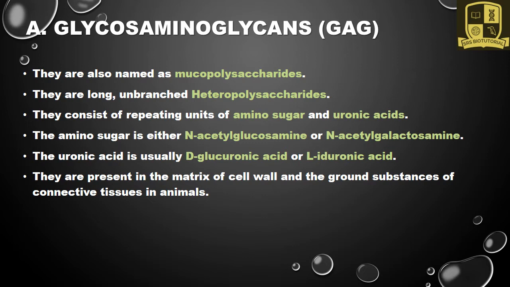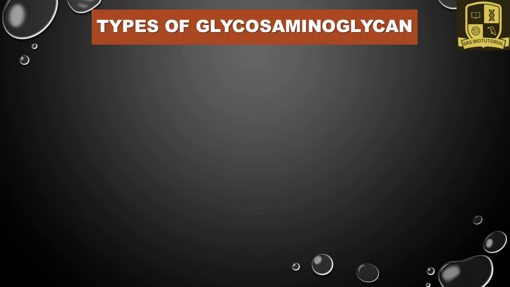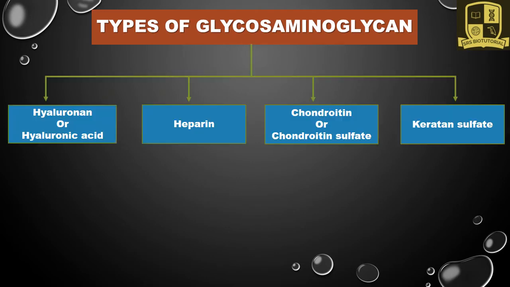They are present in the matrix of the cell wall and the ground substances of connective tissues in animals. Glycosaminoglycans are classified into four types: hyaluronic acid, heparin, chondroitin, and keratan sulphate.